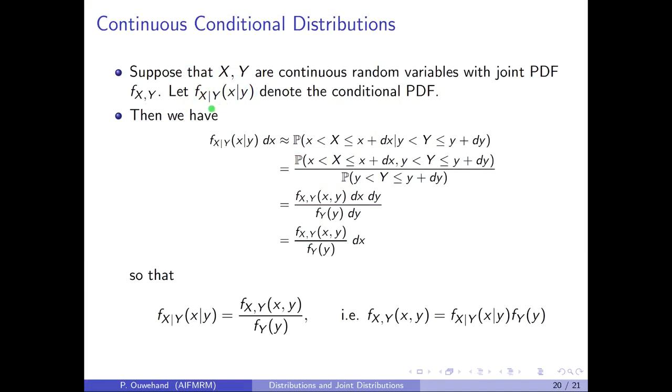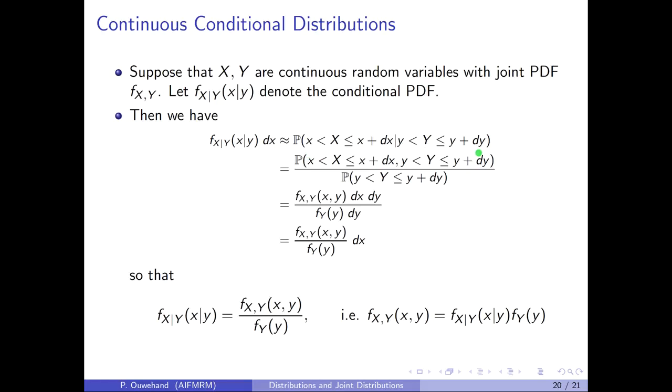The intuition here is that the conditional PDF, given that capital Y is equal to little y, times dx, is approximately equal to the probability that capital X lies between x and x plus dx, given that capital Y lies between y and y plus dy.